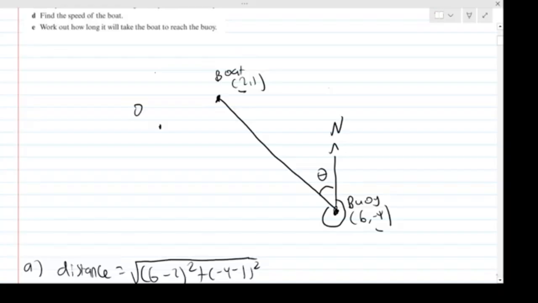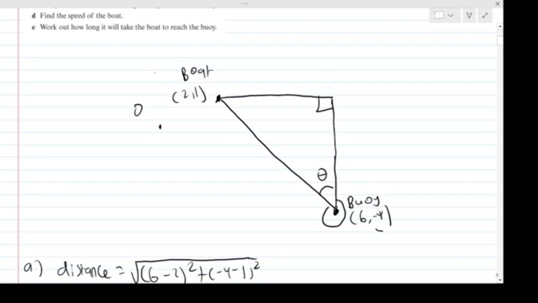How are we going to find theta then? Let's consider, if I get rid of this line here and extend it, what if we do change in x, change in y? Because we get this triangle here. The boat is at the point (2, 1), and we're going to the point (6, -4).